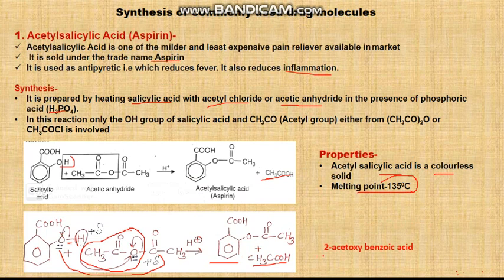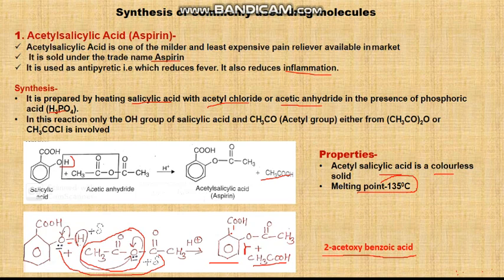And here this is also known as 2-acetoxy benzoic acid. 2-acetoxy benzoic acid means, if we are naming this compound, the carboxyl group will give the preference compared to this group. Then this is 1 and this is 2.